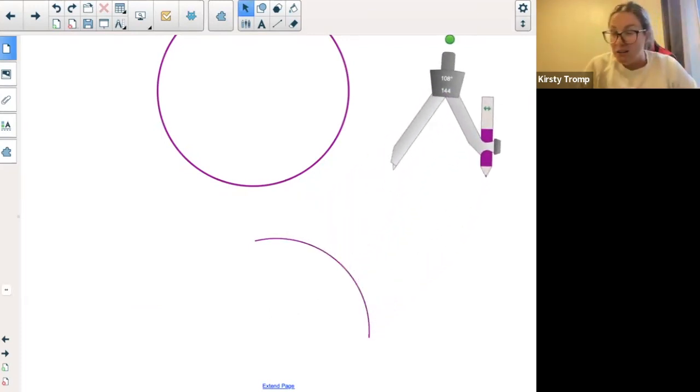So that's an arc. Do you see it's not the full circle? It's not closed off. It's pretty much from the center to the edge, it's like just this piece. So this is actually what the arc is.